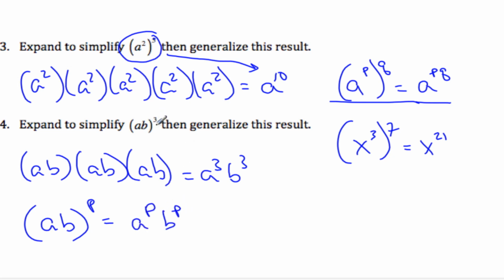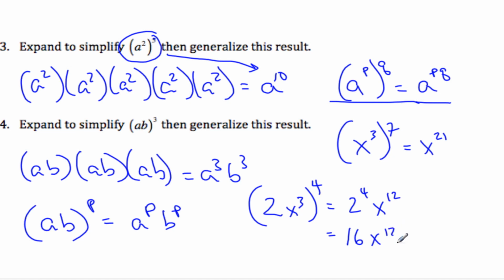And that exponent belongs to both of the things inside. So if I have 2x cubed to the power of, let's say, 4, well, that's going to be 2 to the power of 4 times x to the 12. You multiply them. 2 times 2 times 2 times 2, well, 4 of them is 16. x to the 12. Done.